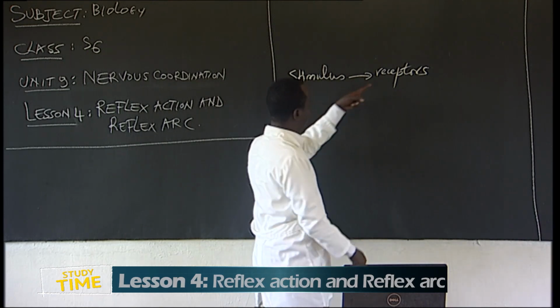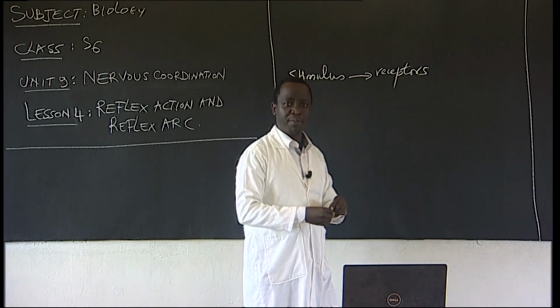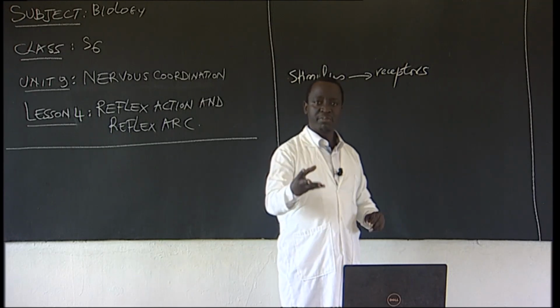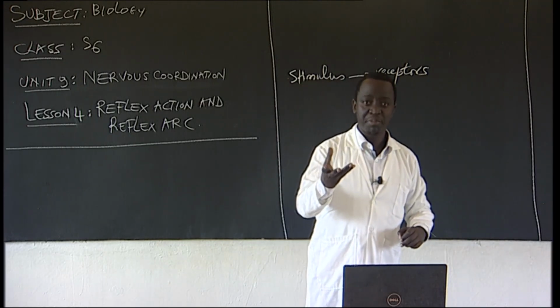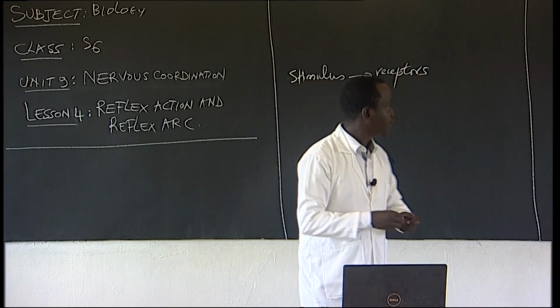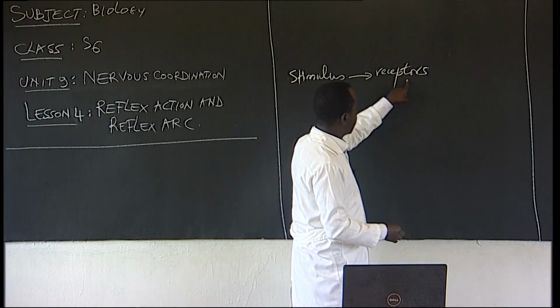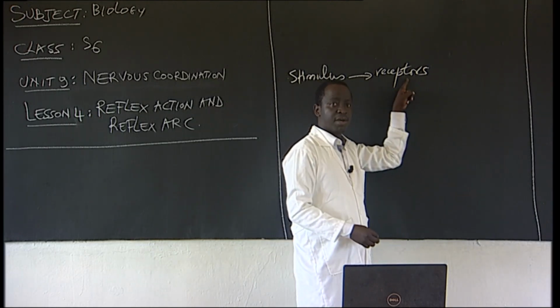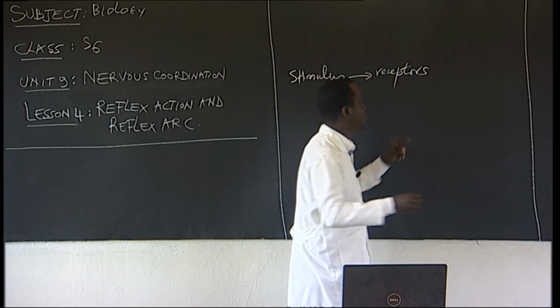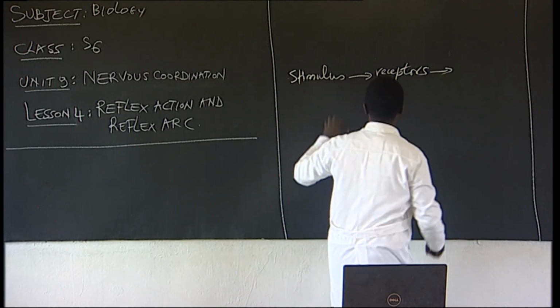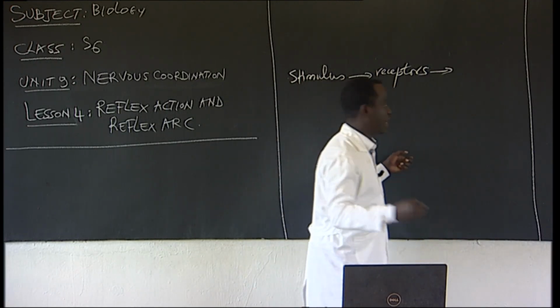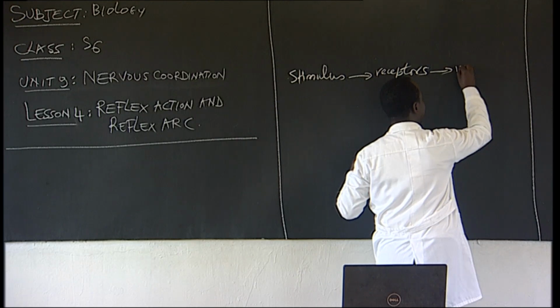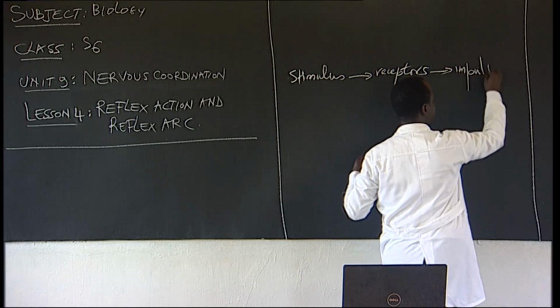When this stimulus is received by receptors, for example thermoreceptors, photoreceptors, remember those types of receptors we have talked about, when this stimulus is detected by these receptor cells in our body, it is going to be changed into an impulse. Are you getting this? Impulse, message.